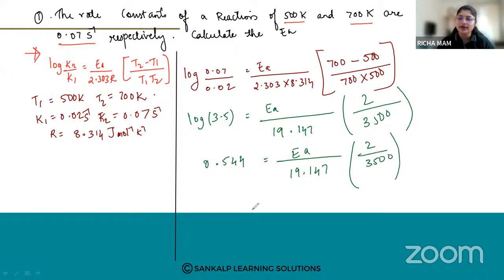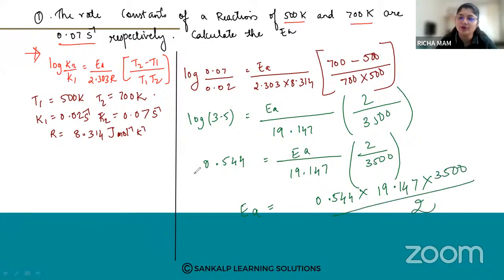So we take EA on the other side and transfer everything else to this side. It will be EA equals 0.544 into 19.147 into 3,500 divided by 2.